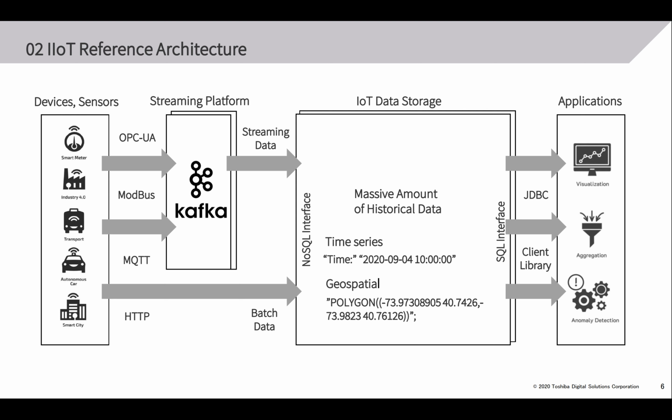Or give the performance that you need for your applications, right? So in other words, what we need here is a purpose built data store that is able to handle a massive amount of IoT data. And this is where GridDB comes in.